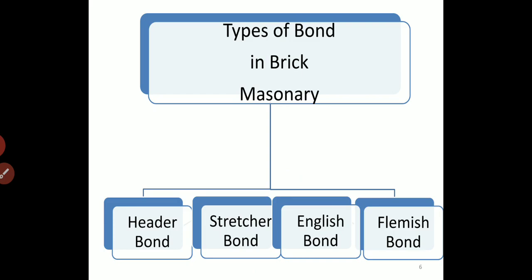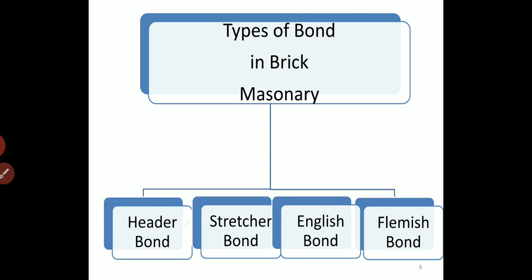So first we will discuss what the functions of the bond are. The first function of the bond is that bricks or stones are held together because of the bond, no matter whether it is header bond, stretcher bond, English or Flemish bond. Second, brickwork can be made as a single unit due to bond.